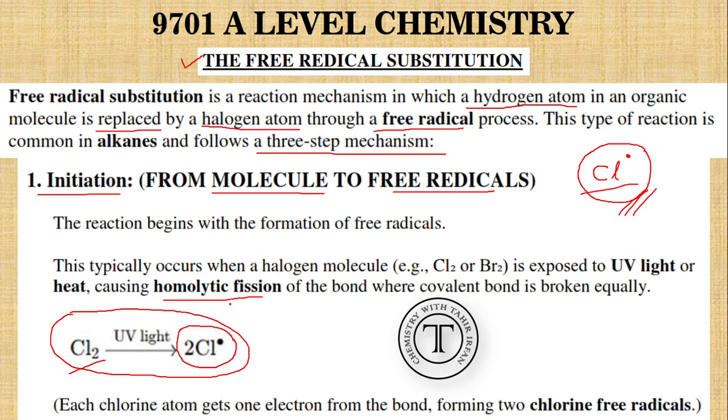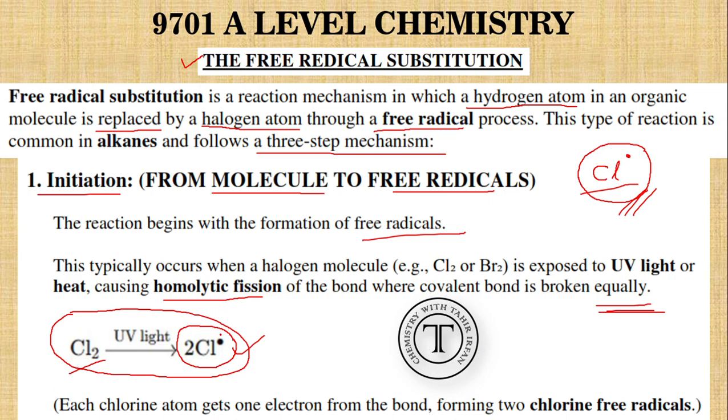So far we have confined ourselves to homolytic fission, in which a molecule is broken up into free radicals, as we can see over here. So the reaction begins with the formation of free radicals. This typically occurs when a halogen molecule, for example chlorine or bromine, is exposed to UV light or heat, causing homolytic fission of the bond, where the covalent bond is broken equally.